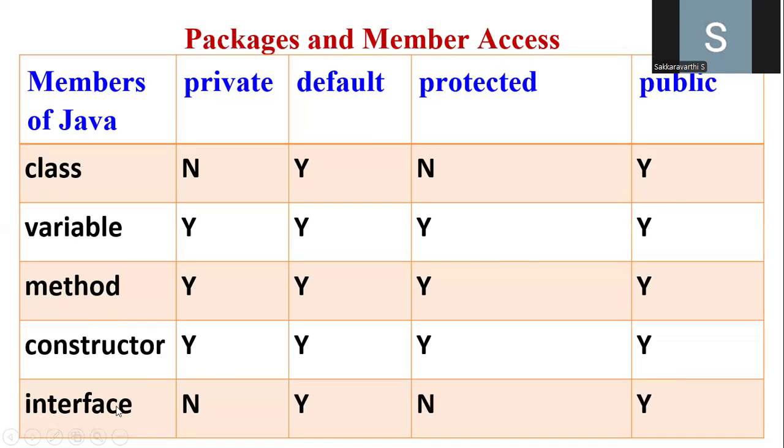In the case of an interface, we can define an interface with the default or public access, but not with the access modifiers private and protected. So this should be kept in mind: a class cannot be private, a class cannot be protected, and an interface cannot be private, an interface cannot be protected. So that's the concept here.